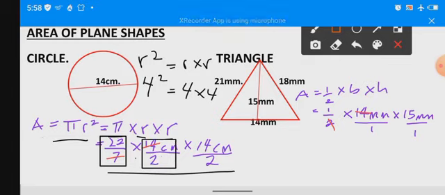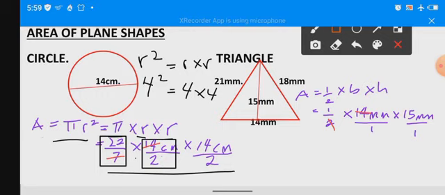Whenever you have division and multiplication, divide before you multiply. It makes it easier. If you multiply before dividing, it becomes cumbersome and more difficult to divide.